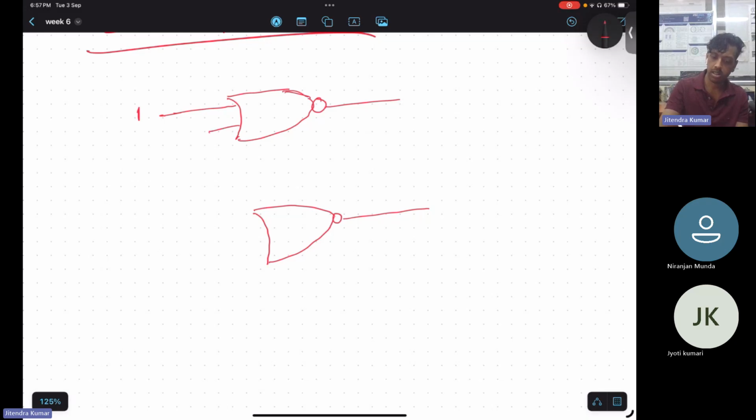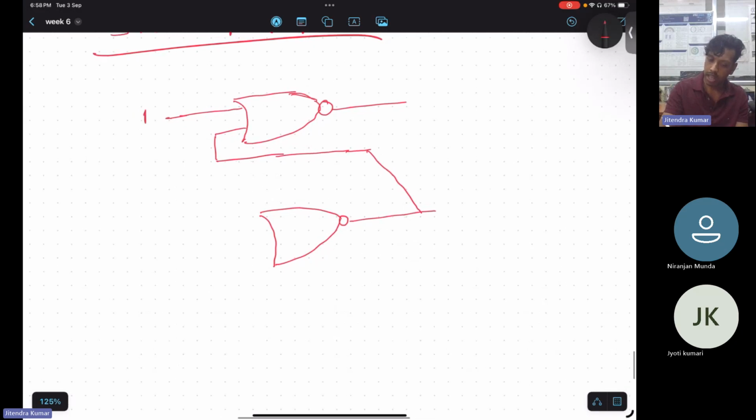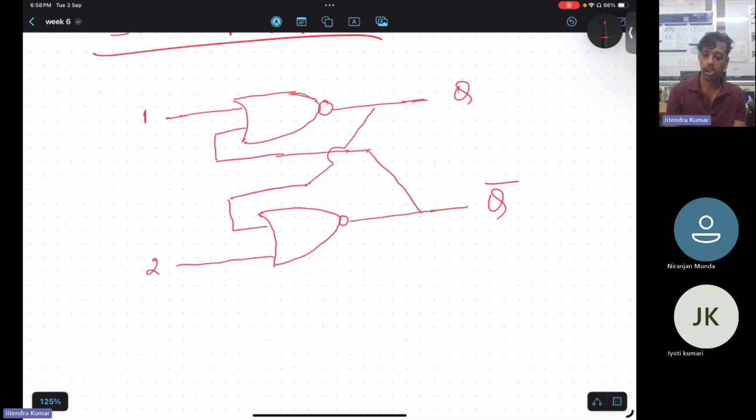And the other input will be connected to the output of the other NOR gate, and here the second, which is considered as R. And both the outputs are complemented to each other, Q bar. And this is SR flip-flop.